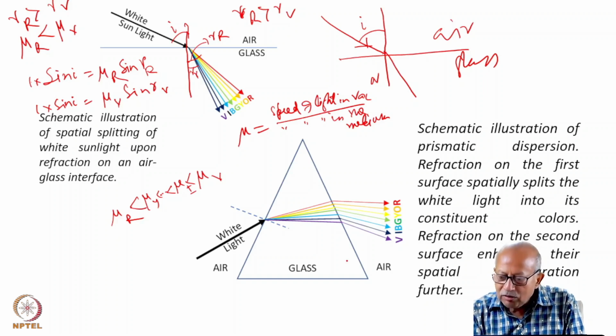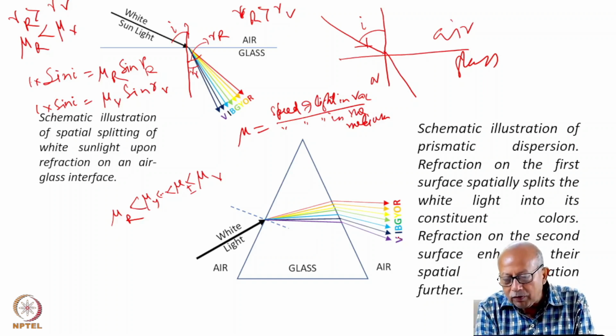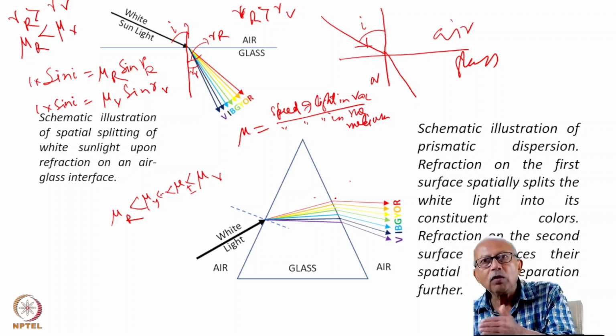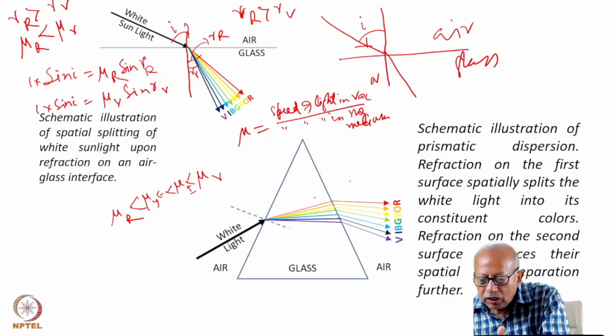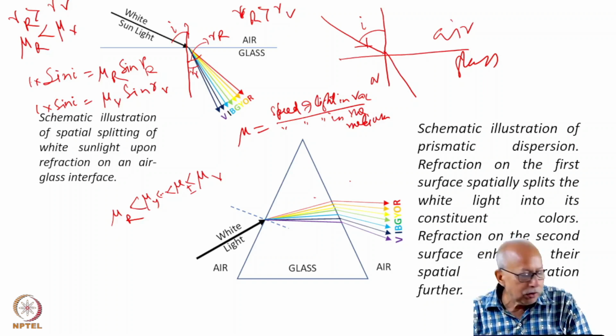Refraction on the second surface will enhance their spatial separation further, because they are now traveling from denser to rarer media. They will again bend away from the normal as they travel from denser to rarer. So refraction at the second surface will further enhance their spatial separation.